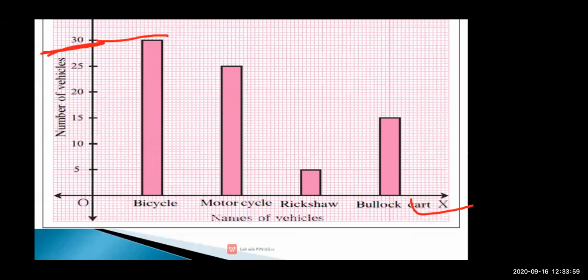I have written number of vehicle. What you have to write? Number of vehicle. They ask you to write the number of vehicle, so there only you will mention number of vehicle on the y-axis. On the y-axis, what will you write? Number of vehicle. On the x-axis, you will write name of vehicle.